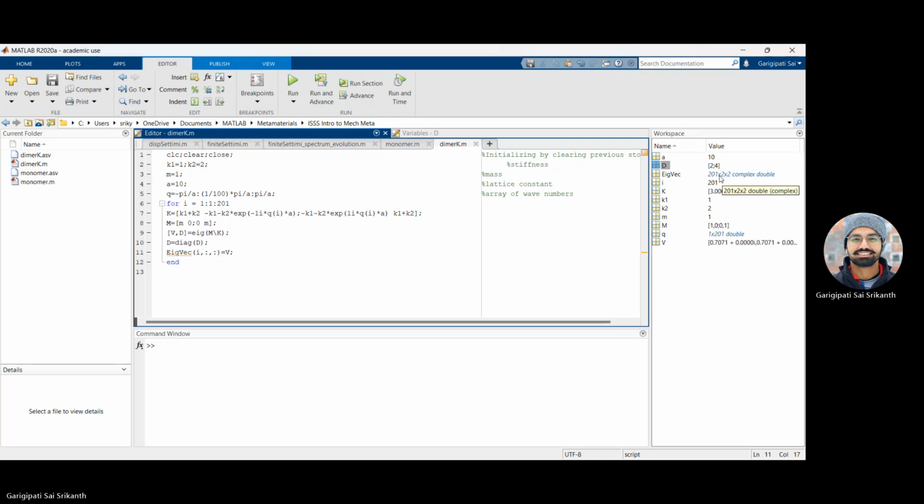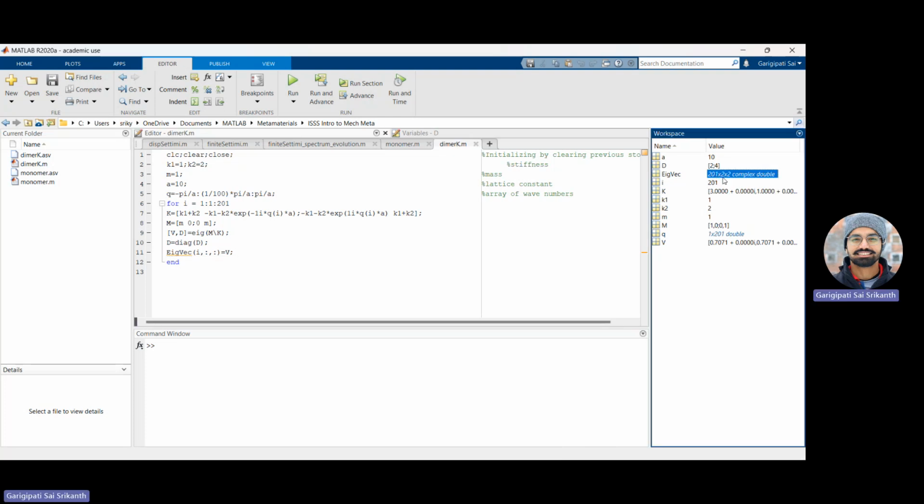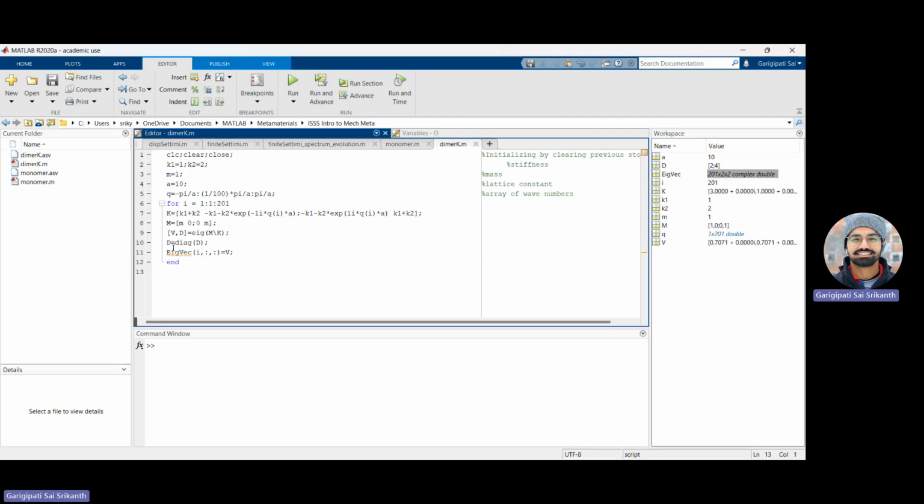It is 201 cross 2 cross 2. So this 201 is the individual wave number, and for each individual wave number we have a 2 cross 2 eigenvector. It appears to change size on every loop iteration within the script. Consider pre-allocating. Actually, that makes it easy if we pre-allocate.